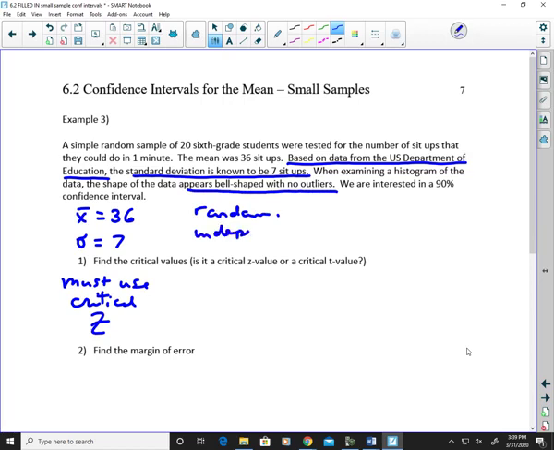Wouldn't you say that there are more than 200 sixth graders out there? So we meet that condition, and we are nearly normal, because that's what they said. It was bell-shaped, no outliers.